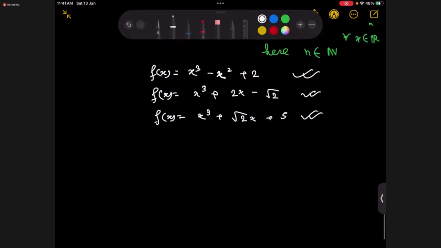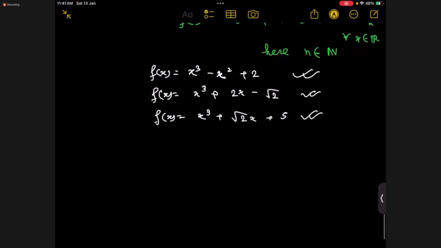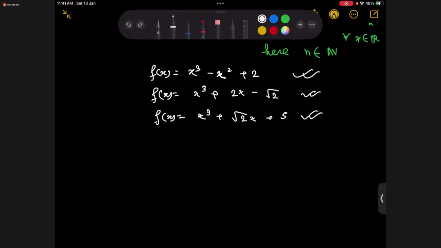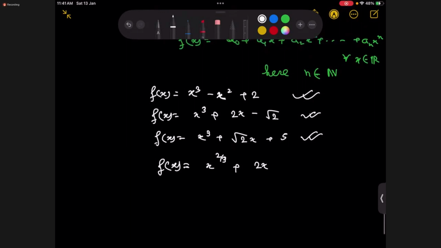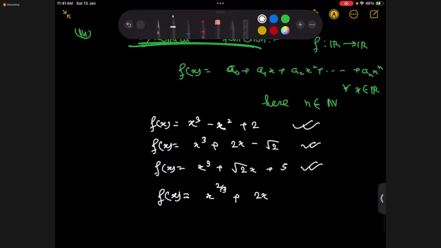Now check f of x equals x to the power 2 by 3 plus 2x. Obviously this is a function, but this is not a polynomial. Why is this not a polynomial?